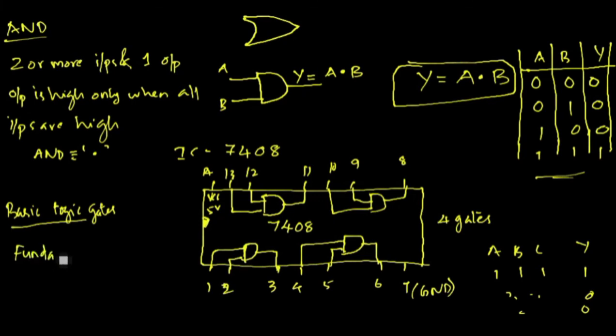So these are the basic gates or fundamental gates: NOT, OR, and AND gate. They are called basic gates because connecting these gates in different ways makes it possible to construct different circuits that perform different logical operations.